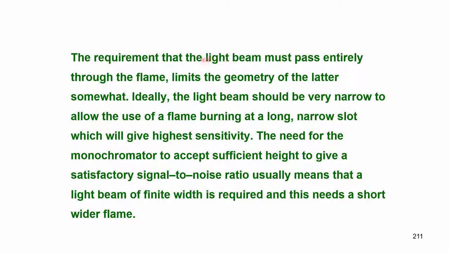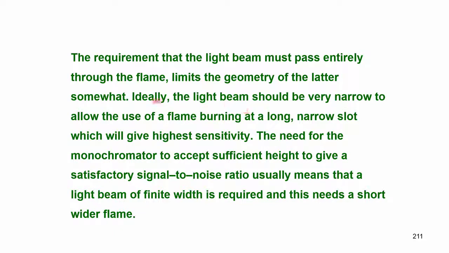Now, the requirement is that the light beam must pass entirely through the flame, is it not? It is very important that the light from the hollow cathode lamp should pass through the flame, and that limits the geometry of the total burner somewhat, because when the total burner is just like a Bunsen burner, the light path would be hardly about 1 centimeter.